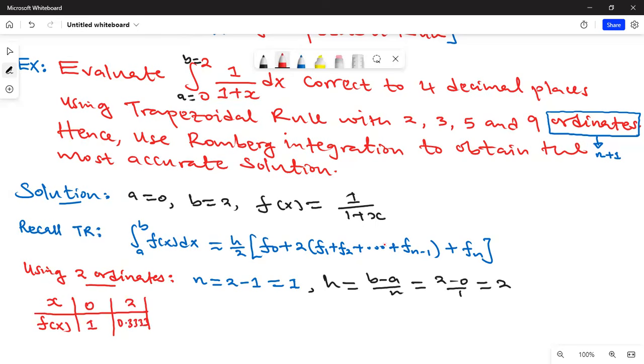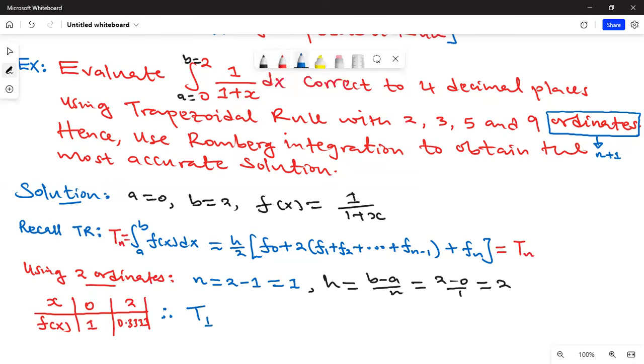Now, let's call the approximation Tn, instead of the integral. Tn is an approximation of that integral. So in this case, for the first case, we have n equal to 1, so we'll now call it T subscript 1.